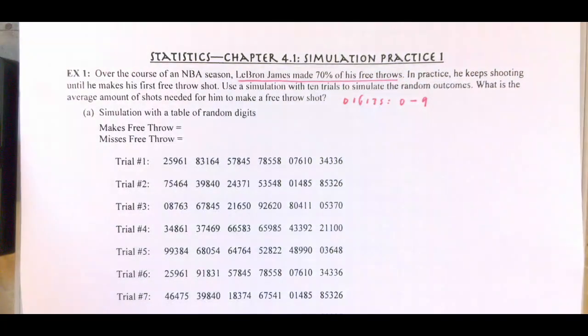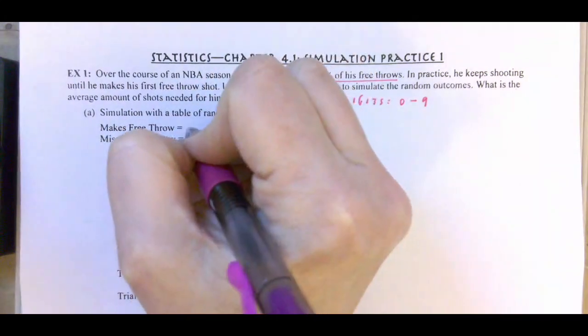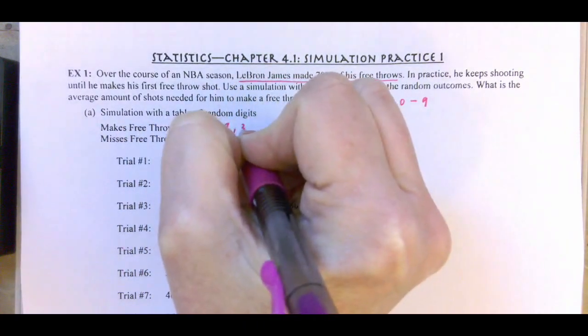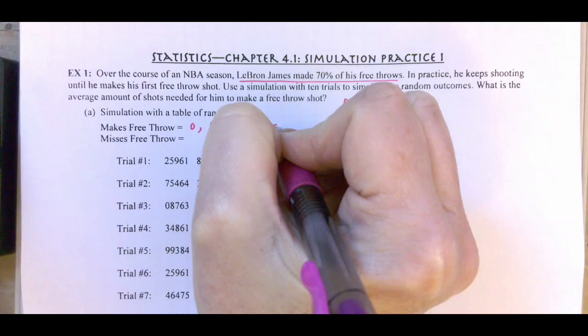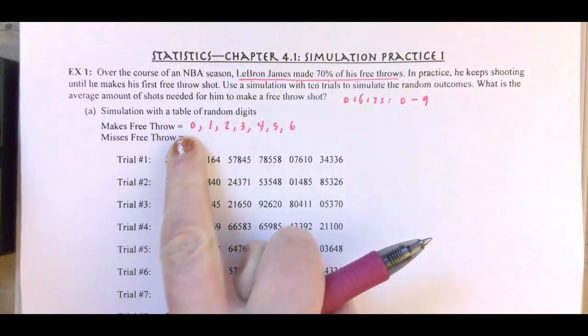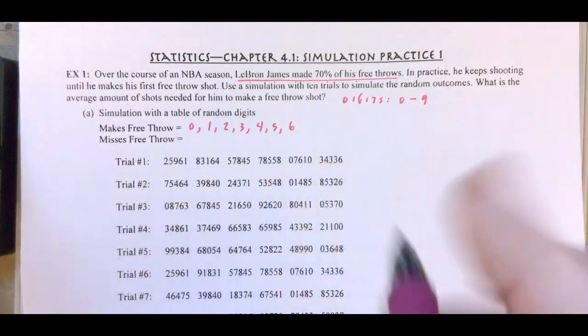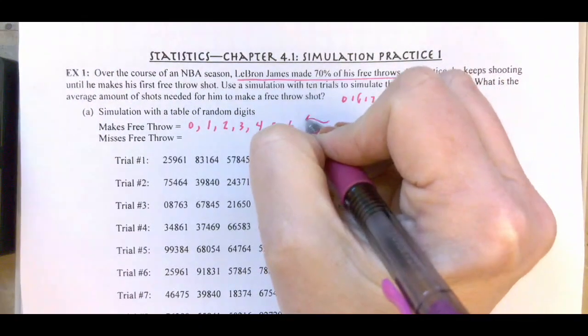So there's 10 digits available. So I need 7 out of 10 of those to represent he makes a free throw shot. So let's say that I start at 0 and I go 1, 2, 3, 4, 5, and 6. Count that up. That is 7 out of 10. That is 70% of digits.